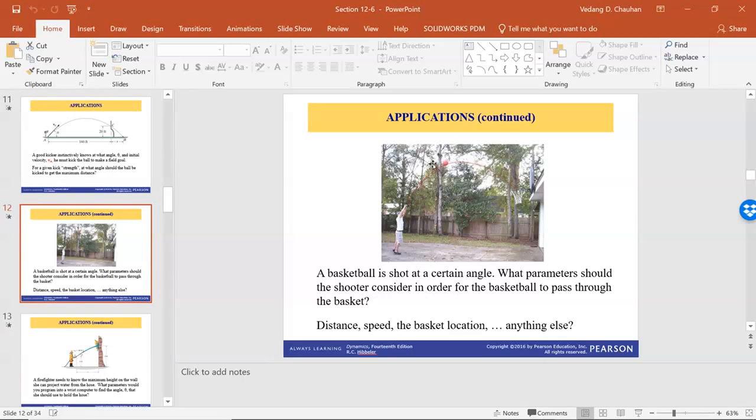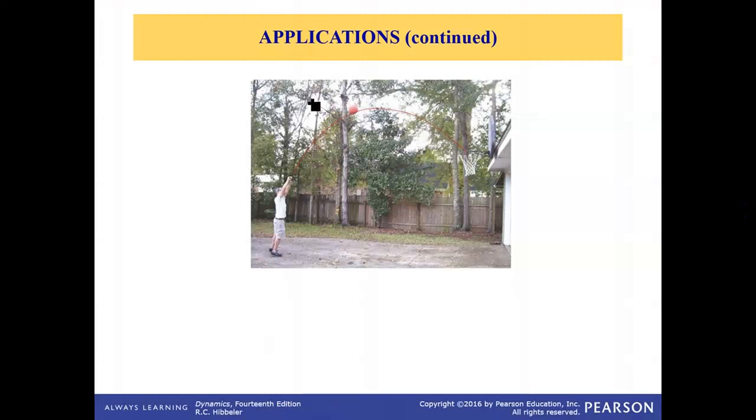Every time he does that from a fixed position, he can do it precisely if he knows how far the basket is from where he is standing, which is called x max, and how high it is along the y axis. Once he knows those two parameters, he can back calculate what the initial velocity and the angle of the ball launch should be so that the ball will always go to the basket.